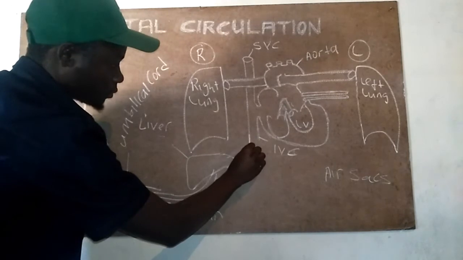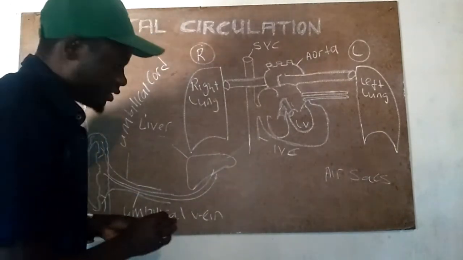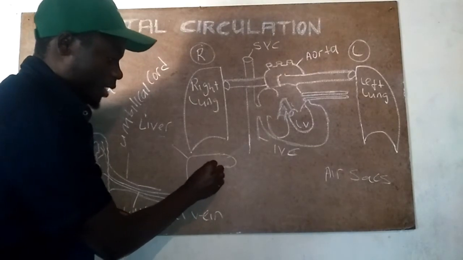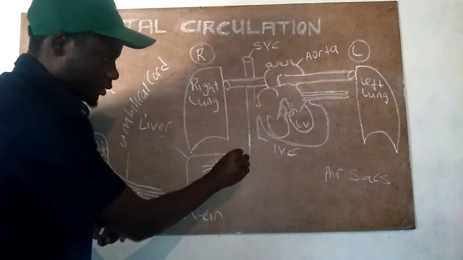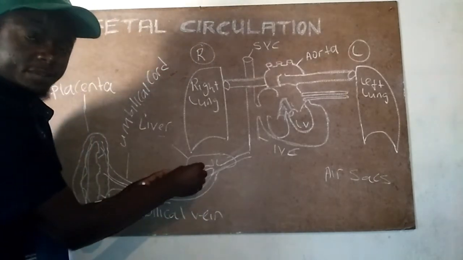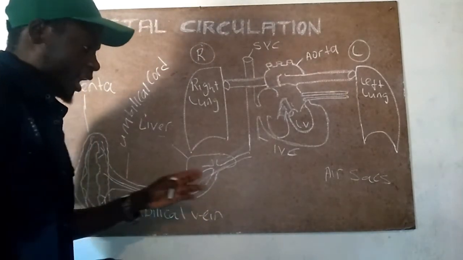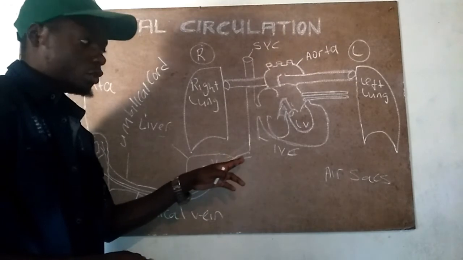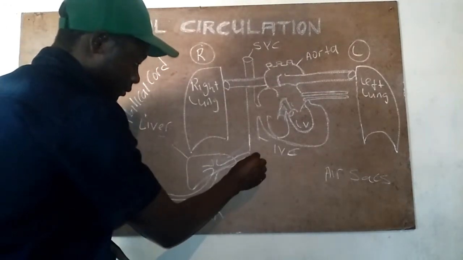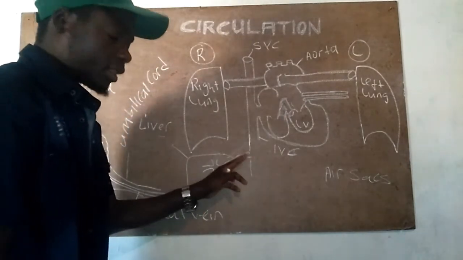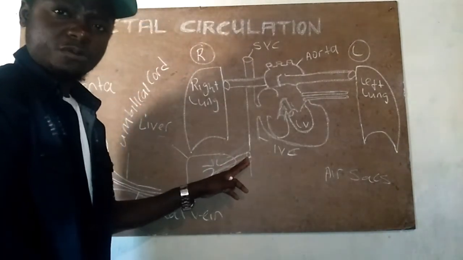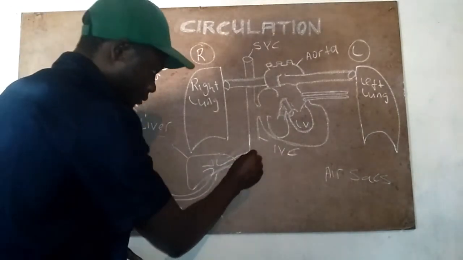So, the liver, of course, it's here, and then it's going to bifurcate. It's going to take some of its blood to the liver, to other parts of the body, and then the oxygenated blood is going to go direct to meet with the inferior vena cava, and this way, this is what we call the ductus venosus.